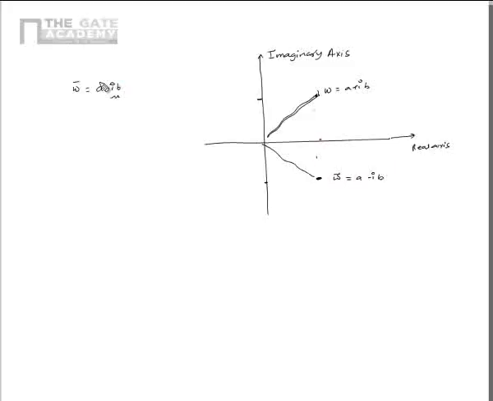The real coordinate, the abscissa, is the same, a, but the ordinate has come down. So basically it is symmetric, a mirror about the real axis. It's basically the reflection of w about the real axis.